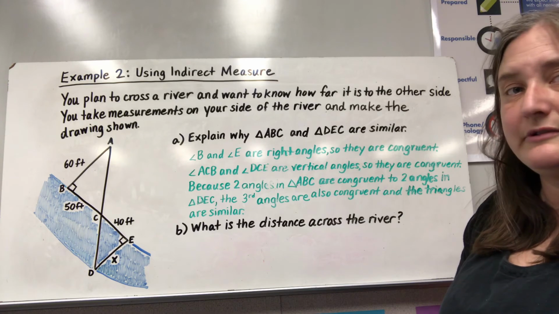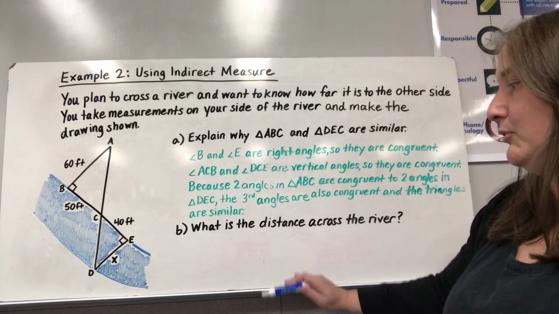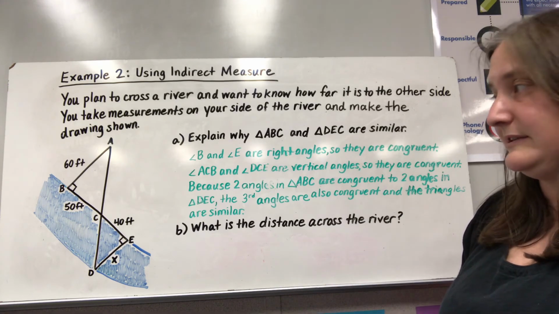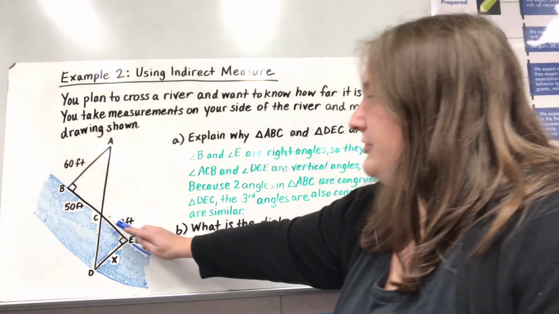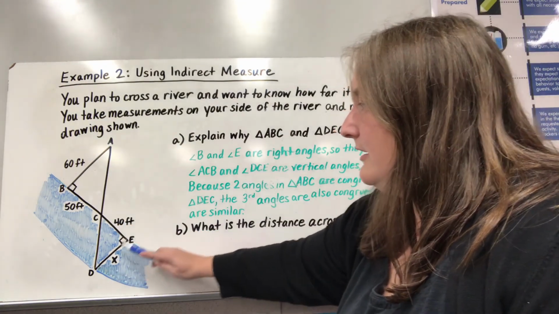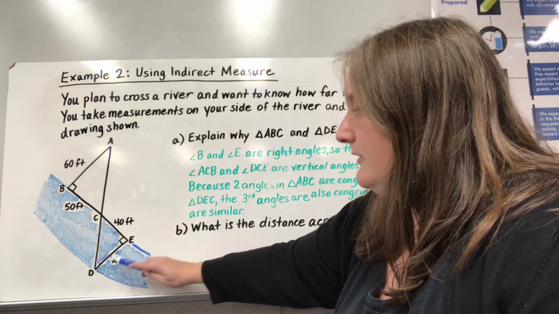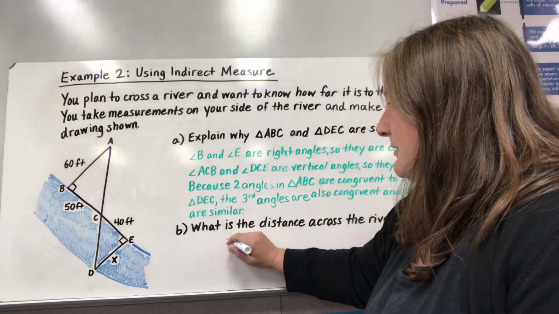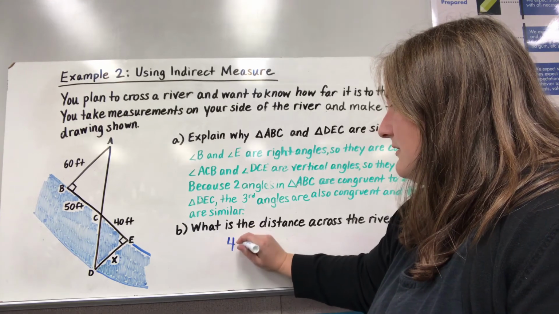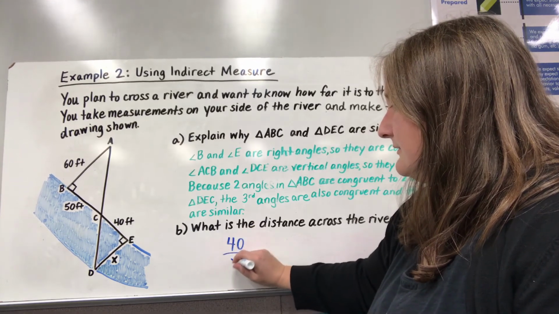So now that we know they're similar triangles, we can actually put a proportion together to solve for the missing side. So this triangle right here, these two sides make up our 90-degree angle. So these two can be written as a ratio, 40 over x.